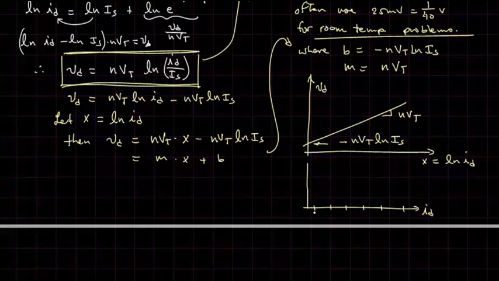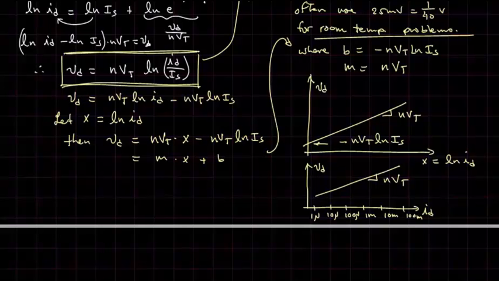Okay, so if we said something like this was 1 microamp, 10 microamp, 100 microamp, 1 milliamp, 10 milliamp, 100 milliamp, then we would also have a straight line, and the slope would be nVt.